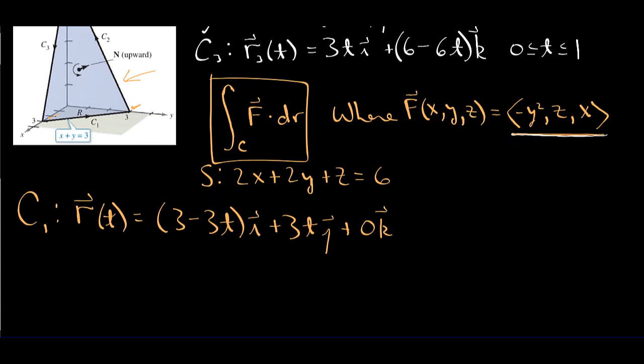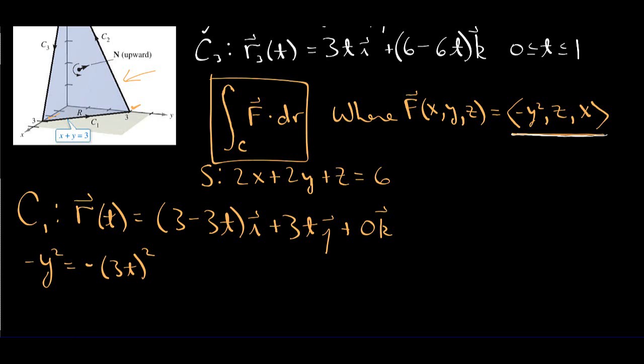Now, here's what I want to do. I want to convert my vector field expression here so that everything is in terms of t. So we have negative y squared. That's the x part of it. Now negative y squared is going to be negative 3t squared.